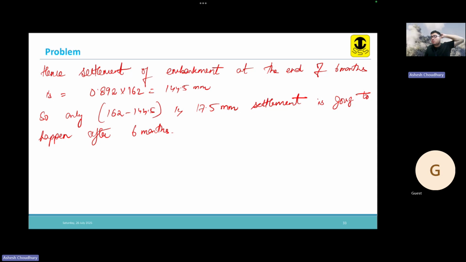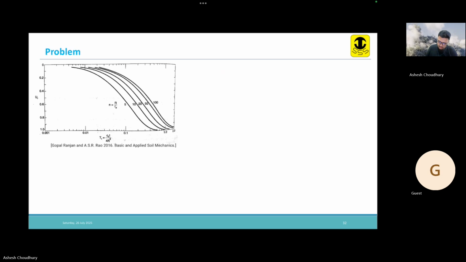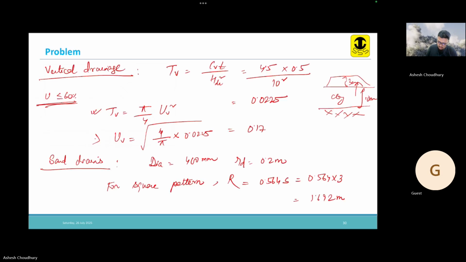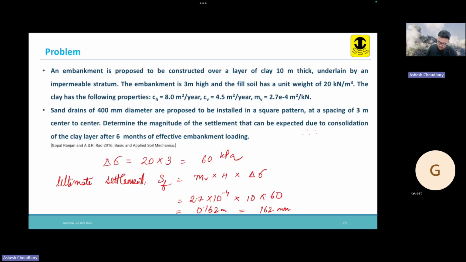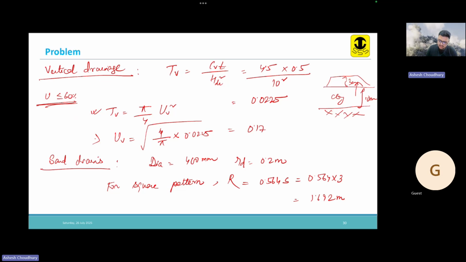If you had not constructed sand drains, you would have taken say 10-20 years to reach this 144.5 mm settlement. But now this 144.5 mm settlement will be reached in 6 months, and after 6 months only 17.5 mm settlement will happen. Six months, say I've taken 0.5, in terms of year.